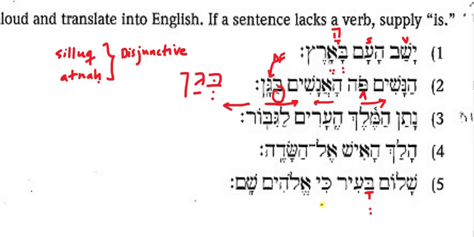Ki, because. Why would you not want to translate the ki as that? It wouldn't make any sense, would it? Peace is in the city that God is there? No. If I had a verb of speaking, I said, ki elohim sham, then I would want to translate it as that.